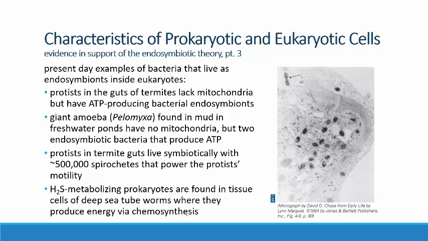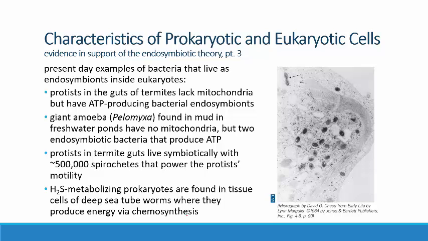They eat wood, but they can't digest the wood. They rely on protists in their guts to digest it for them. But when you look at those protists, they don't have any mitochondria in them. But they do have bacterial endosymbionts that produce ATP in the same way that mitochondria do. So there's one piece showing endosymbiosis can really happen.